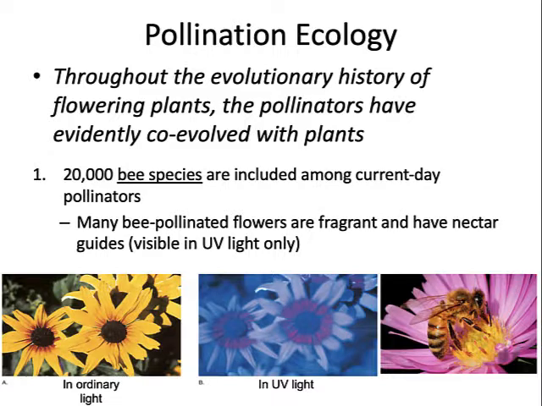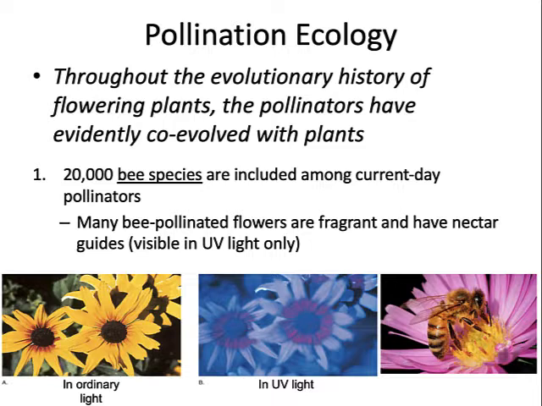Now we're going to learn about pollination ecology, and we're going to learn the characteristics of flowers and their pollinators. Overall, we believe that throughout the evolutionary history of the angiosperms, pollinators have co-evolved with plants over millions of years. The first pollinator is the bees.